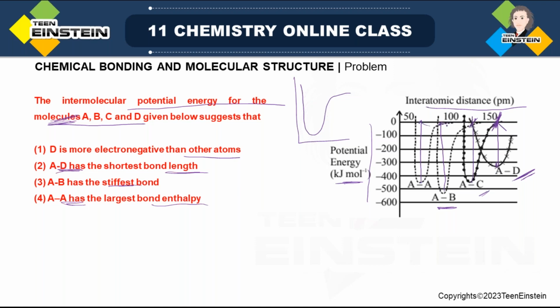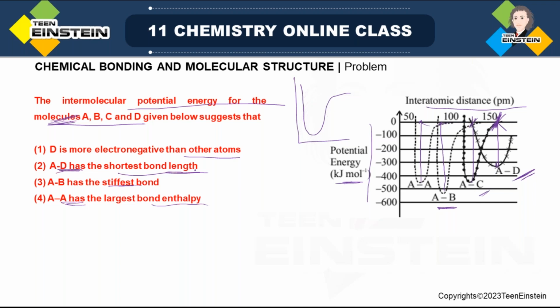So AD cannot have the shortest bond length. You have to draw a line at the minimum, the energy minima, straight down cutting the X axis, and it is cutting at 150. Basically, it has the longest bond. So this cannot be the correct option.